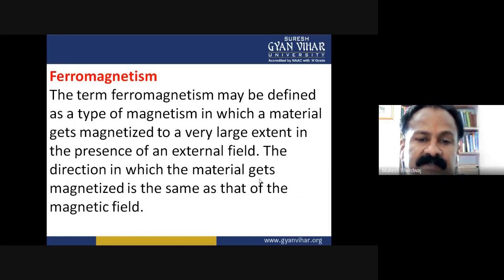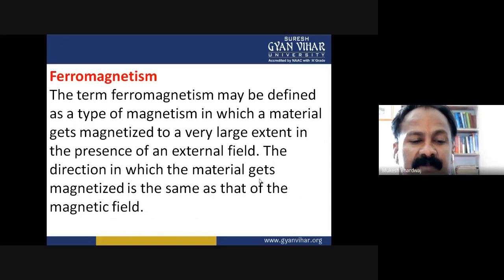The direction in which the material gets magnetized is the same as that of the magnetic field. Ferromagnetism is characterized by the parallel alignment of permanent magnetic dipole moments in a single direction.